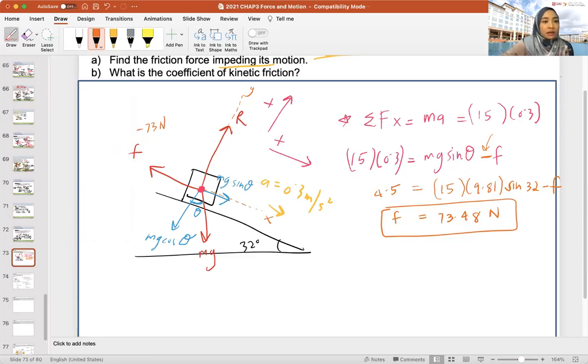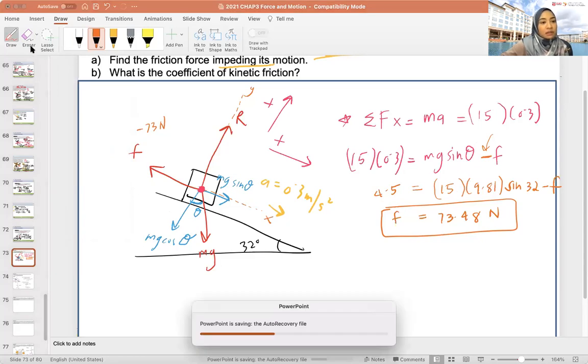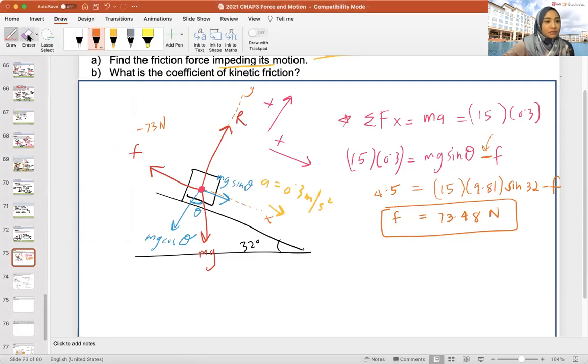So I just need to say, okay, friction is 73 Newton. Okay, so I just need to label this as 73 and I immediately know from my free body diagram that it is supposed to be negative. The value is 73. When I'm solving it in my equation, I put the negative sign. But when I get the answer, I will get the magnitude.